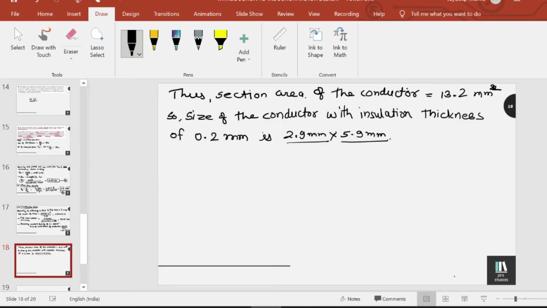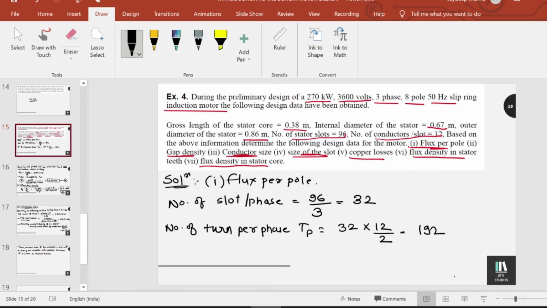Now we will find the copper loss. But first of all, the size of the slot. We have to find the size of the slot.